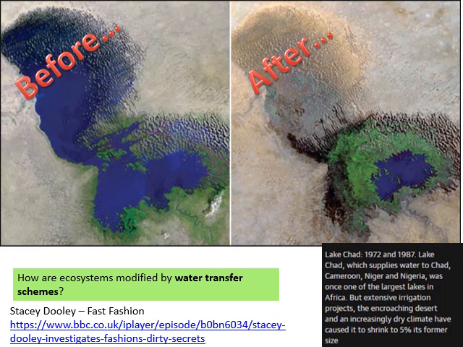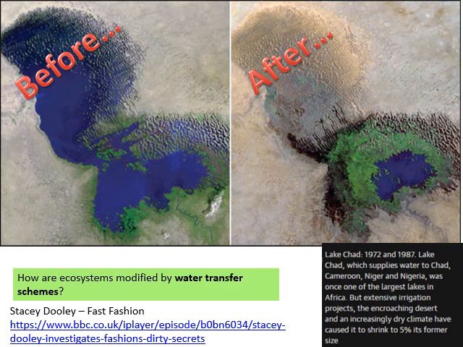So this is Lake Chad in Africa, the Cameroon, Niger, Nigeria, that kind of area. It used to be one of the largest lakes in Africa, but people have used the water for irrigation, to water their crops. And this is in an area where there's not much rain falling to replenish the water that they're taking out.